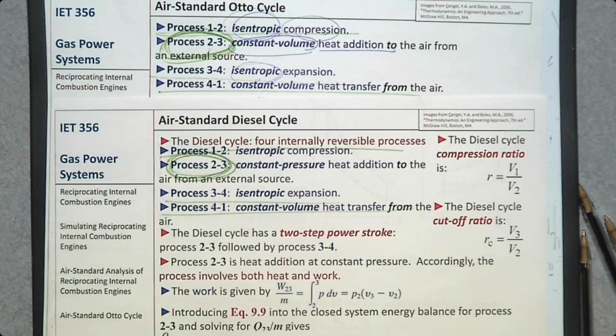You will see either Otto cycle or diesel cycle, one of them, in the final exam. My plan is one problem from chapter 9, and from chapter 6 and chapter 8, maybe two problems from chapter 6, because chapter 6 is more important, that's a theory chapter about entropy.